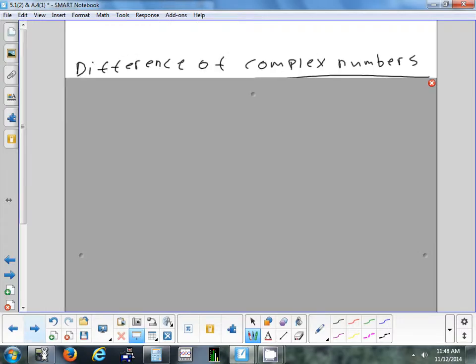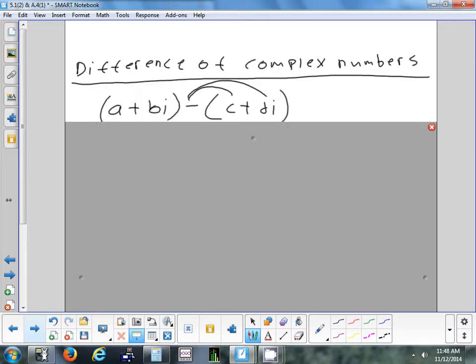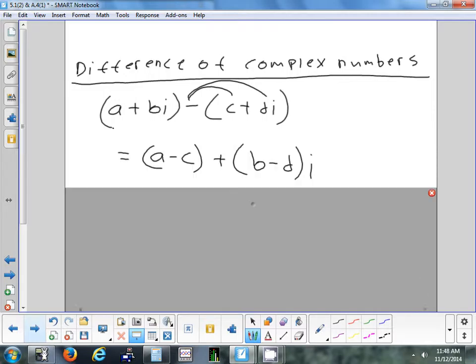Let's look at subtraction. Subtraction is pretty much the same thing, except you have a subtraction sign between. The only thing you want to be careful of is that the subtraction sign is distributed to the real part and the imaginary part. Some people forget that it also goes to the imaginary.